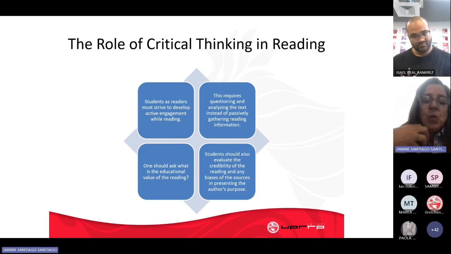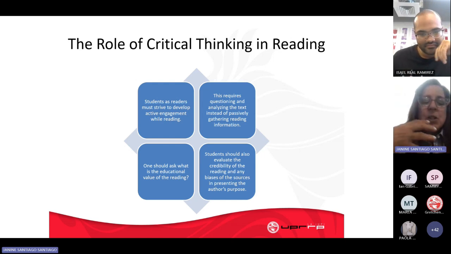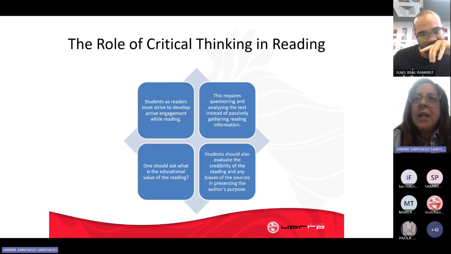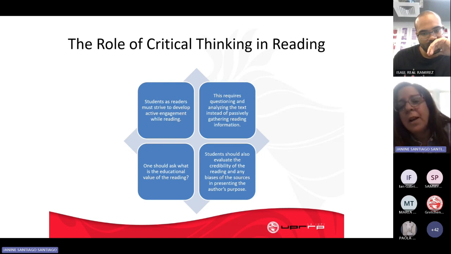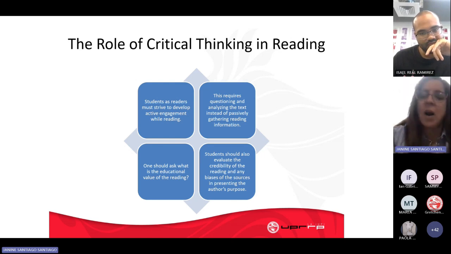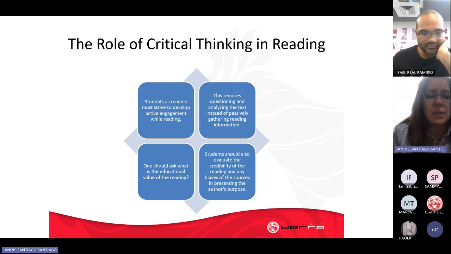So then what happens? We need to move and force ourselves to have an engagement with the reading. It's not about if you like it or not. It's not about how I feel, but it's about what the text is really trying to push me to question and think about. So then one should always ask, what is the educational value of the reading? And this is not only for English, this is for any type of class in which you have to read a text, okay?